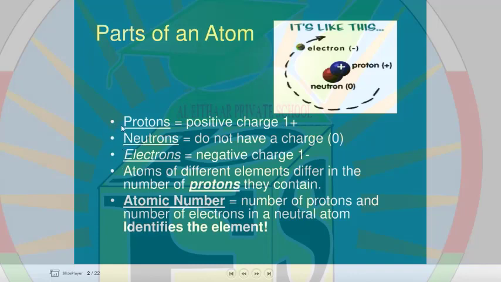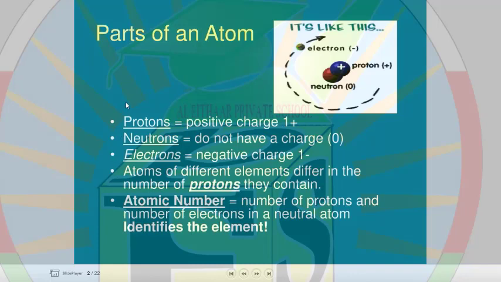I will repeat: protons, neutrons and electrons. Proton is a positively charged particle. Neutron is the particle which does not have any charge, and electron is a particle which bears a negative charge.